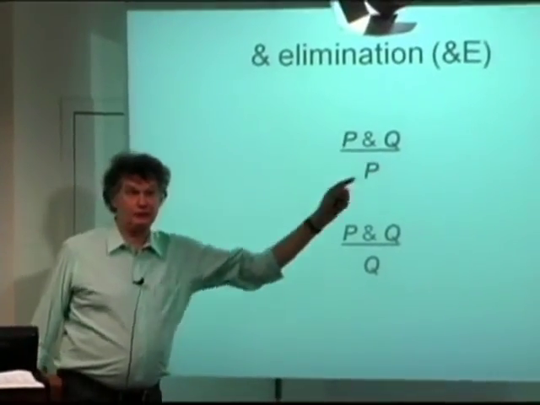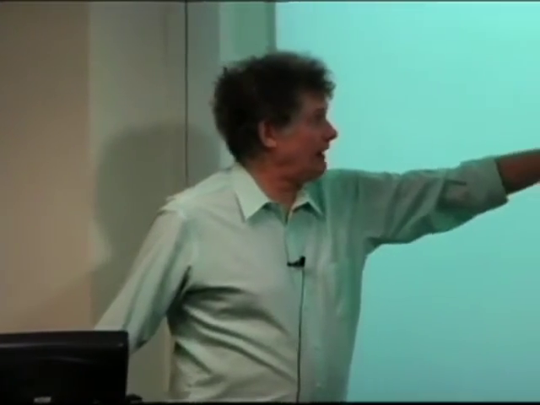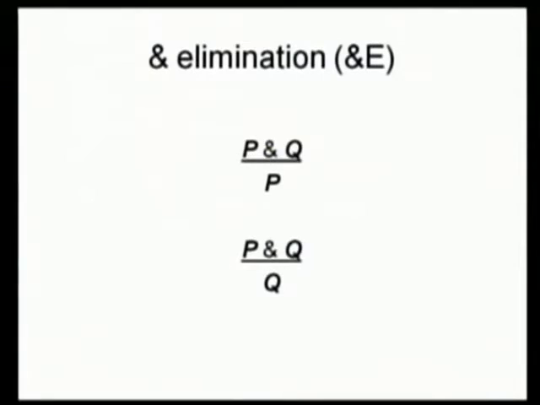Those P's and Q's stand for any sentence at all, no matter how long, any legitimate sentence in SL. So if you have P and Q, you can legitimately draw out P. And also, if you have P and Q, of course, you can legitimately draw out Q. So that's the rule ampersand elimination, and I think that should be fairly plain.